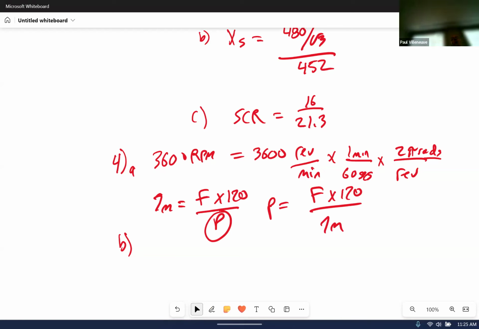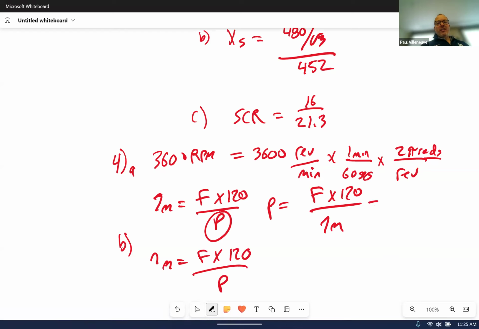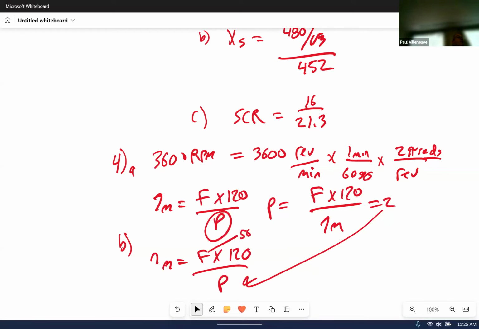This is a 2-pole machine. Once you know it's a 2-pole machine, you can use that same equation for 50 hertz. You plug in 50 over here, and then you would be able to calculate what the rotational speed is in RPM. So you would have needed to go back one step and solve for that for part B or part A.